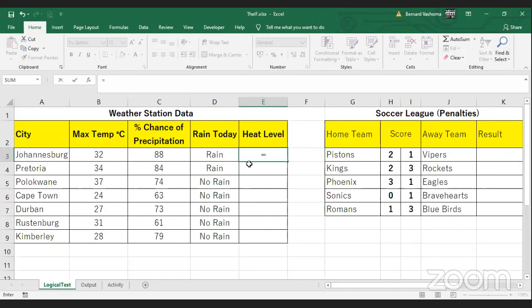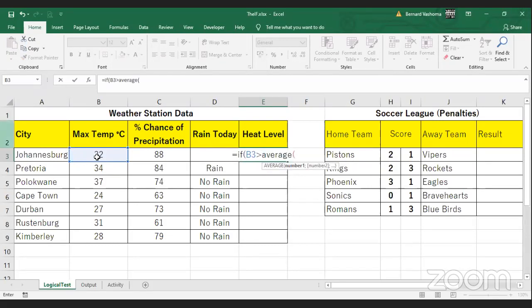Equals IF this value, because we want to compare the temperature, is greater than the average of all the temperatures in the city. So now on the third part of our logical test, we type the actual function, AVERAGE, open bracket.